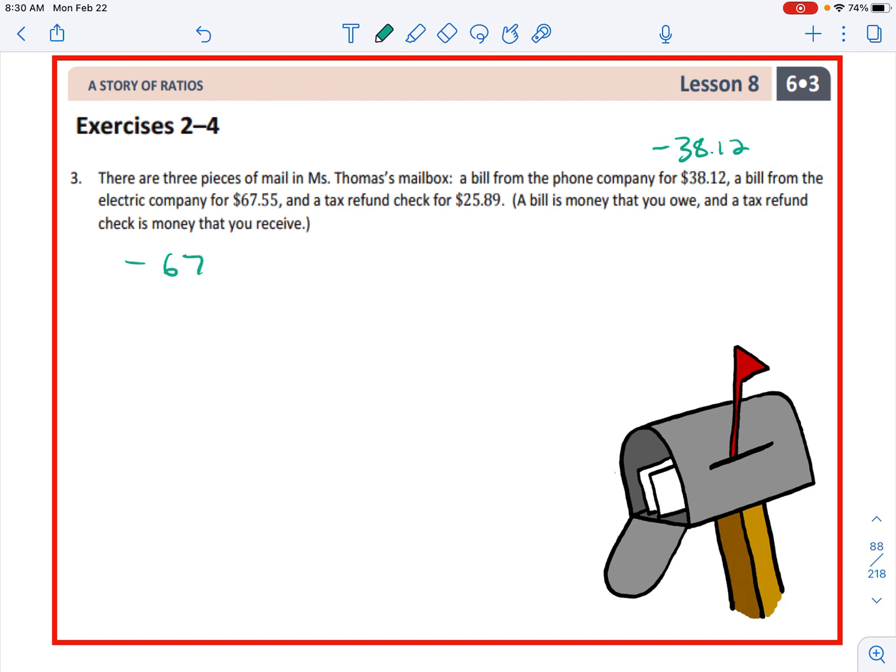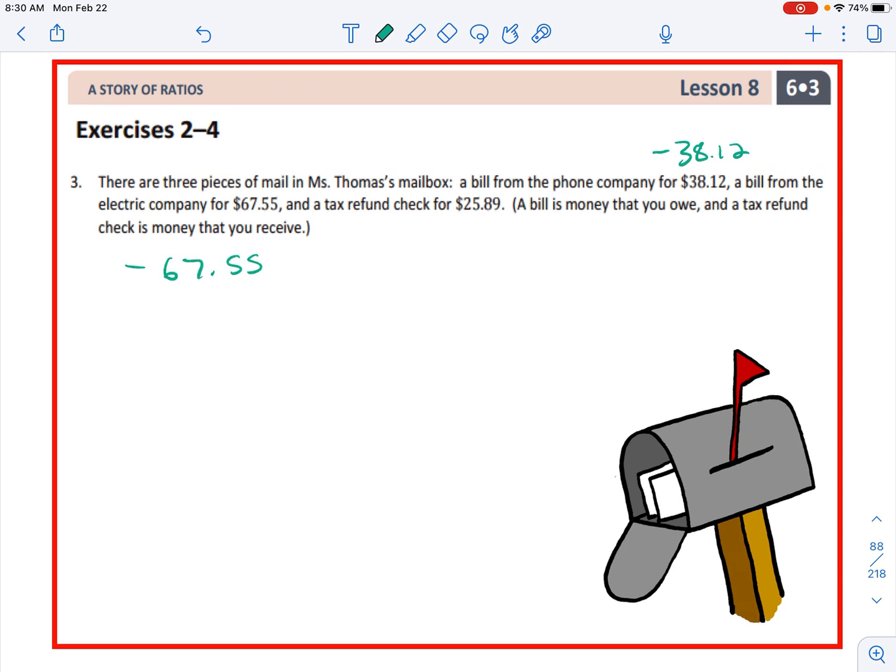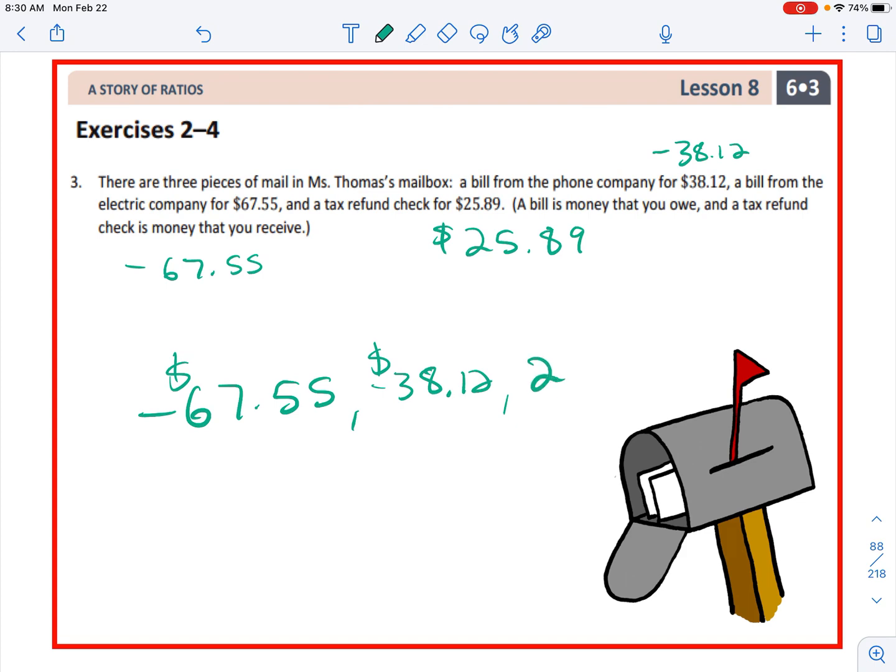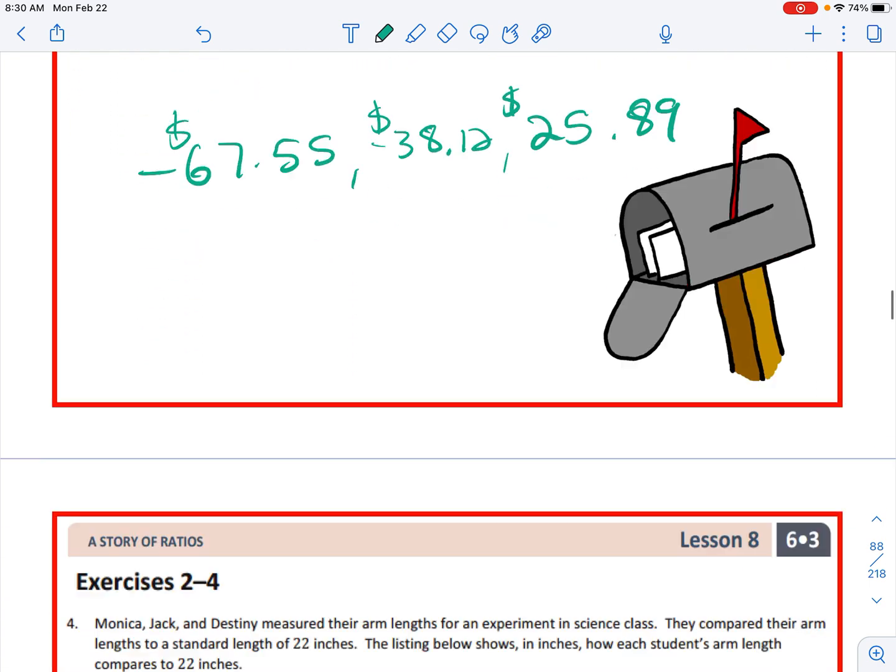Then we have negative 67.55. And then this is going to be a positive $25.89. Okay, so the smallest number is going to be negative 67.55. And then negative 38.12. And then the biggest number that we have in this list is $25.89. Okay, that's their order from least to greatest.